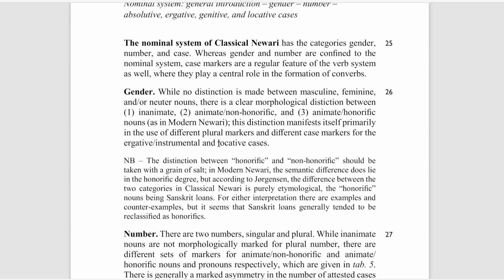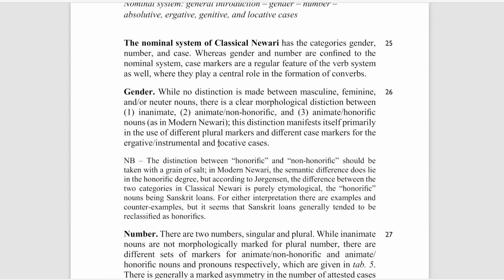It's not like Sanskrit. You have masculine, feminine, and neuter, and the declension is so complex. But here in Newar, just nothing. But we have the distinction between inanimate and animate, non-honorific and honorific. Inanimate referring to just things, like items, like table, bottle, all of these things without life.